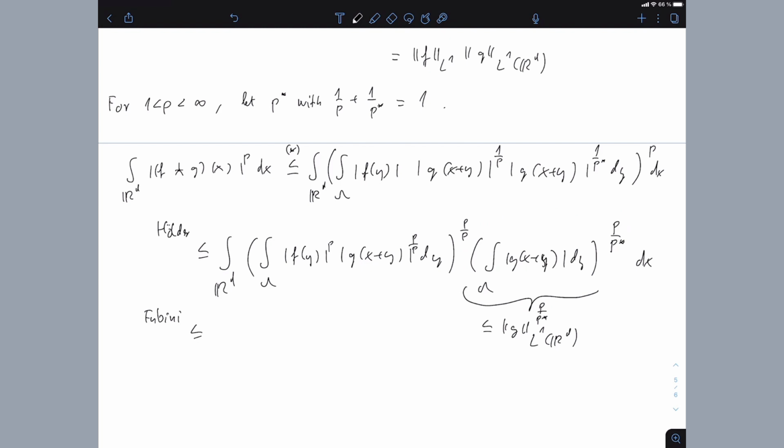And on the rest, I apply Fubini. Yeah, I get my f of y to the p. Yeah, here's the 1. This is transferred. And we have this integral over R^d, g of x plus y, dx dy. I changed the order. And I still have this.